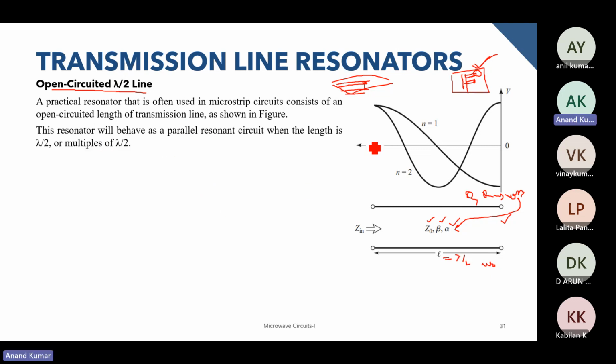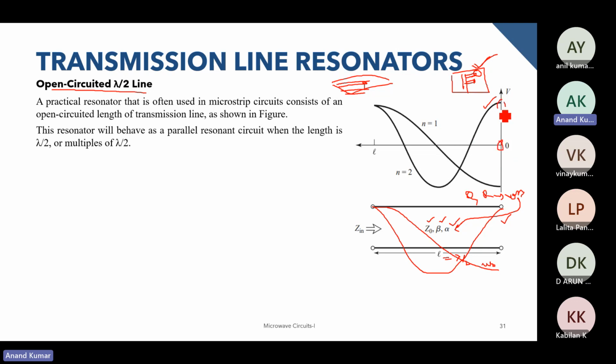From previous observations, if we have a resonance over here, we can have the resonance something like this, which is given over here. When we had the short circuit case, the voltage reduced to 0 at the short circuit.